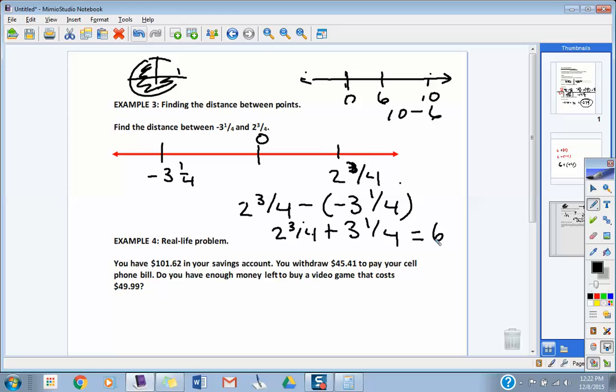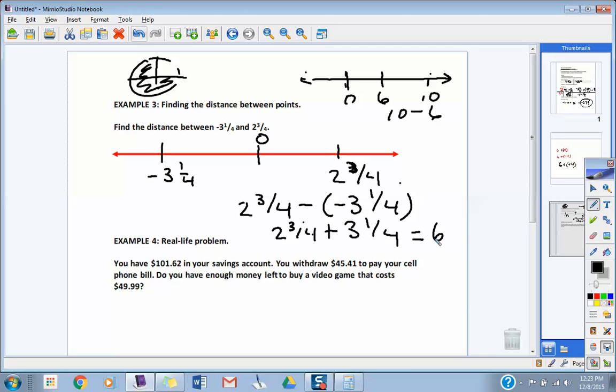Isn't that distance 6? It is, isn't it? Okay. So you've got to be careful on something like that, all right? Anytime they say the distance between 2 points, take the bigger number minus the smaller number. You're going to turn subtraction into addition of the opposite, and you'll be on your way.